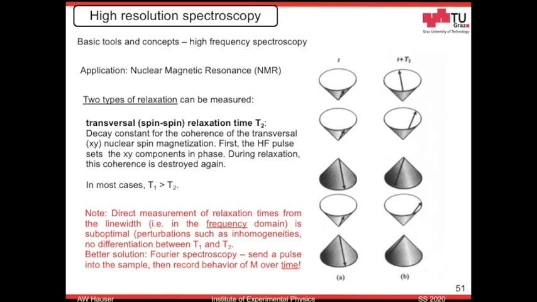And this is done via Fourier spectroscopy. And in principle, these types of measurements always work in the very same way. You send in a pulse into your sample, and then you record the behavior of your magnetic moment m, so the average of the spins aligning, over time. This is the idea.